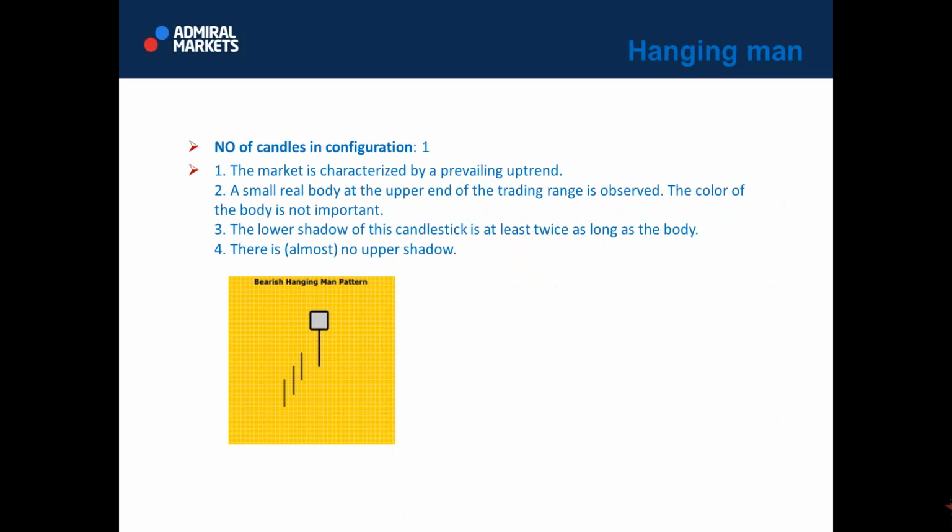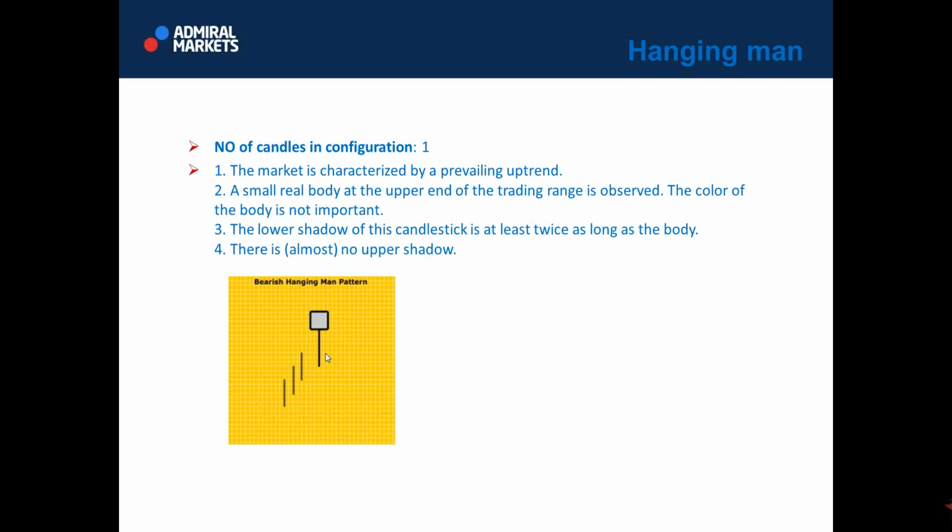Now, hanging man. Also a one candle configuration. What the hanging man is, it appears in an uptrend close to a resistance level. We have a small real body at the upper end of the trading range. The color of the body is not important. And the lower shadow of this candlestick needs to be at least twice as long as the body.